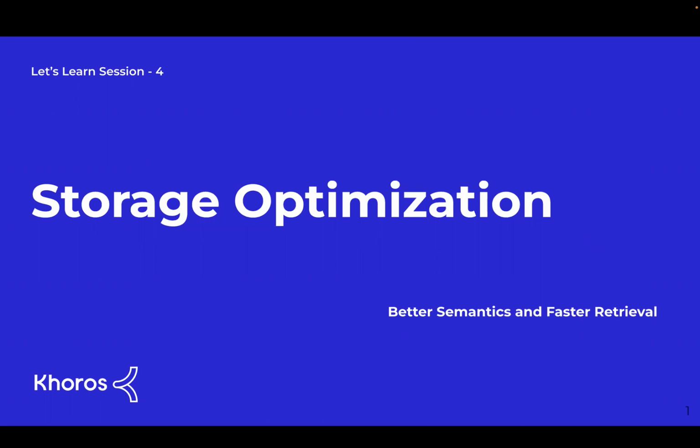Since we are supposed to store the embeddings for all the corpus or the dataset that we are trying to build the search engine, as and when the dataset becomes larger and larger, the amount of memory required to save the sentence representations will also increase quadratically. So that is where this concept of storage optimization comes into picture.